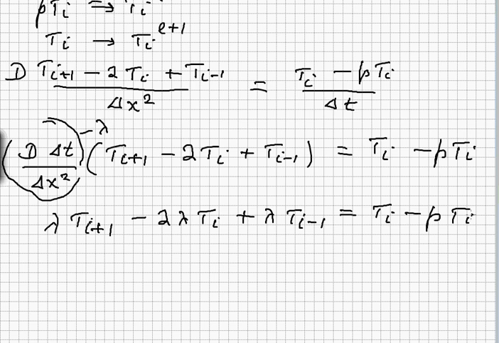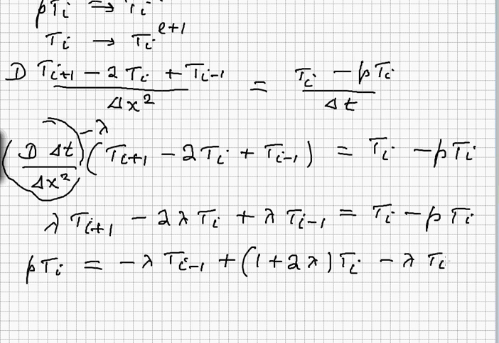Now I'm going to take my Pti to the left hand side and make it positive, and everything else to the other side. So Pti, which becomes positive, is equal to, since all this goes to the other side, they all become negative: minus lambda times Ti minus 1, plus 1 plus 2 lambda times Ti, minus lambda times Ti plus 1.